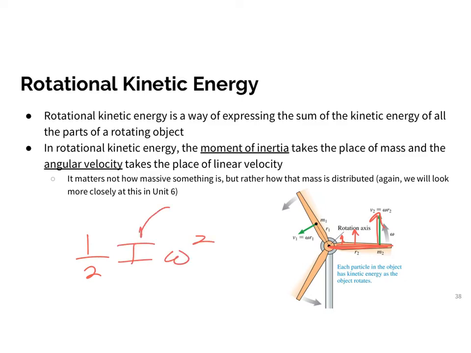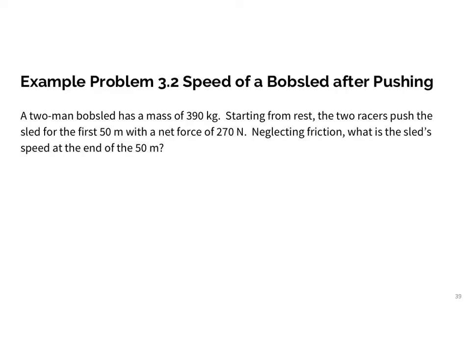The moment of inertia, I, takes the place of the mass, and the angular velocity takes the place of the linear velocity. So it does not matter how massive something is, but rather how that mass is distributed. Like I said, we'll take a look at that later on in the year, but we'll do a quick little demo in class.